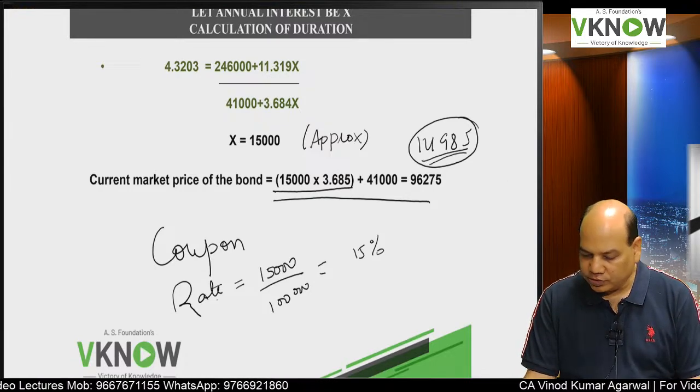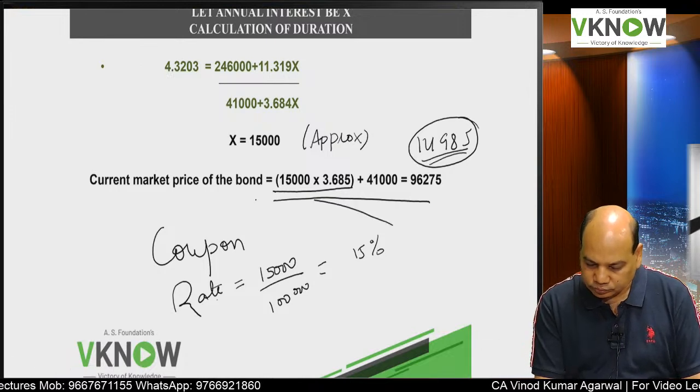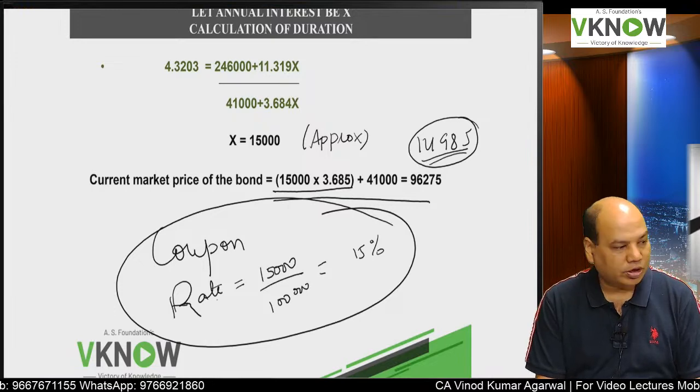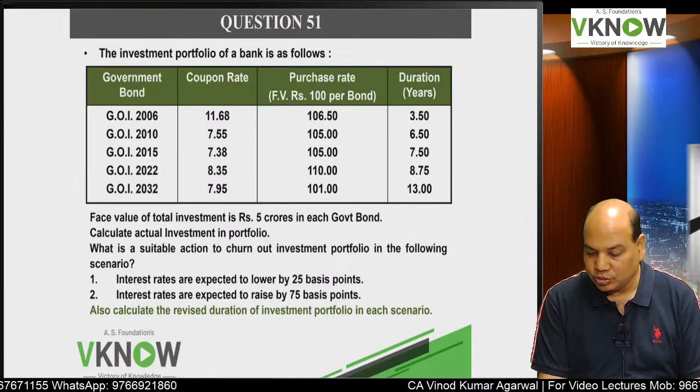Coupon rate is approximately 15%. This is not a part of the answer, but in the next exam if they ask you, you can do it. So learn something more.